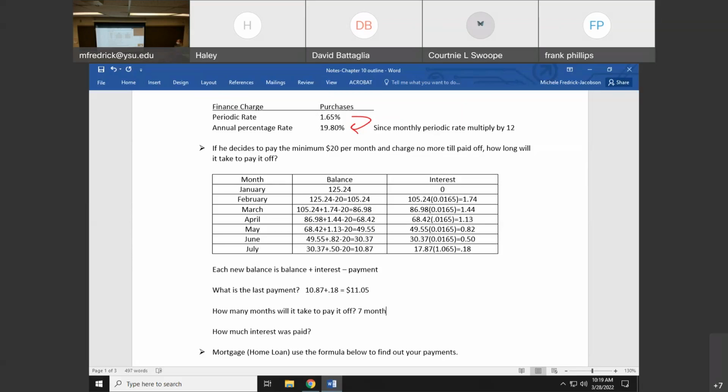Because he made a payment each month, and if he made 7 payments, then it took 7 months.